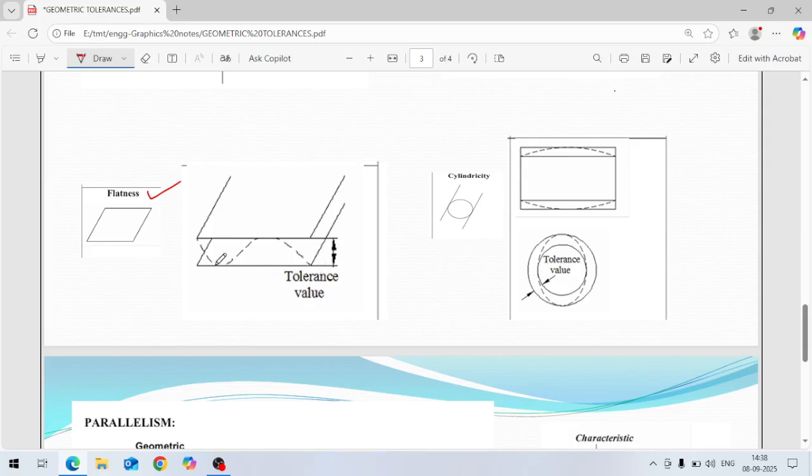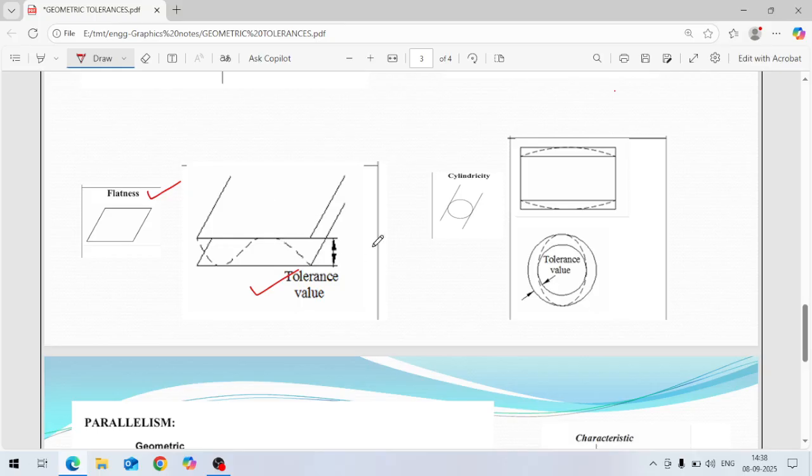If on the surface there is some waviness or deviation, straightness means in a single line, flatness means across some area. The maximum deviation on the whole surface is the permissible flatness error. This may be 20 micron, 30 micron or whatever it may be. So this is flatness of the surface.